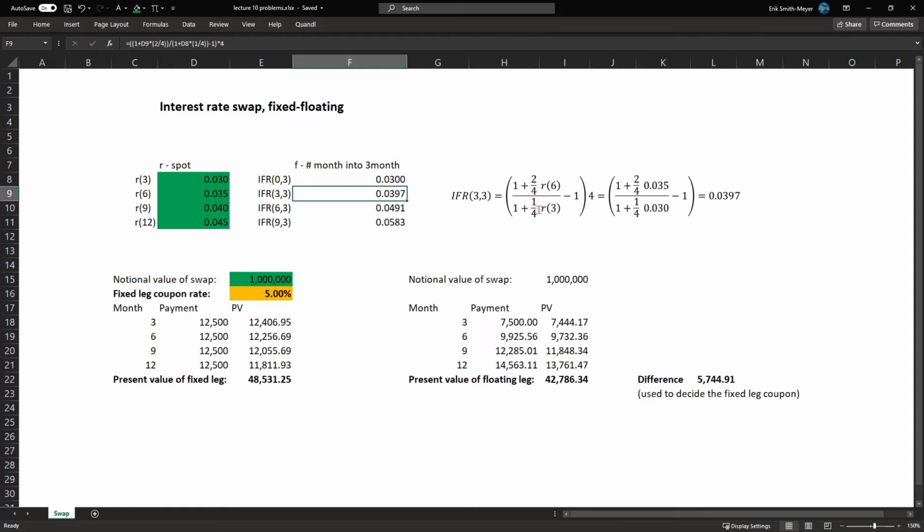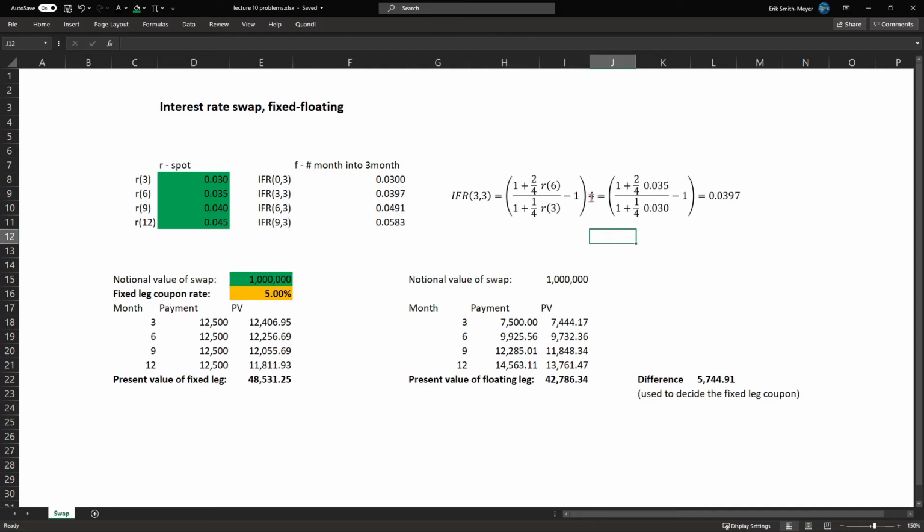And this, the geometric difference between the 6-month rate and the 3-month rate, or discount rate, minus 1, is the 3-month implied forward rate for 3 months. But we usually state them in annualized terms, so we have to times 4, because we want the annualized rate.